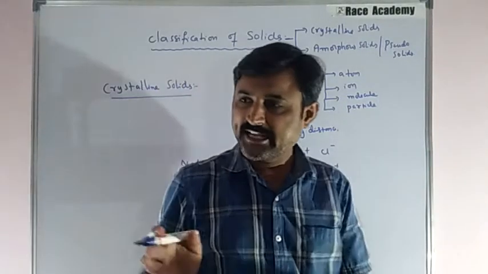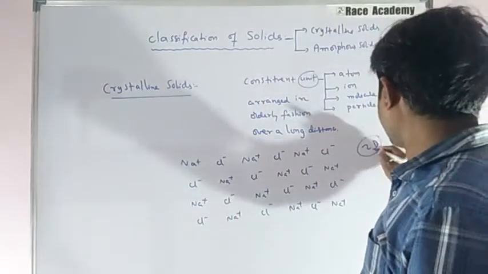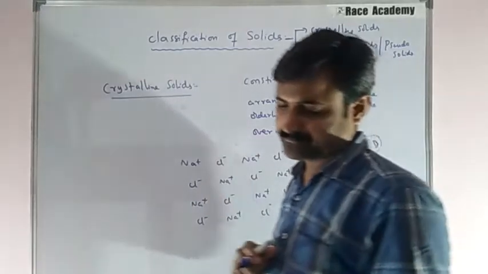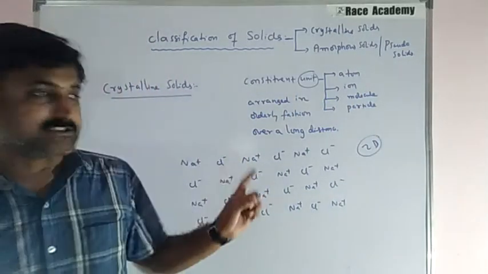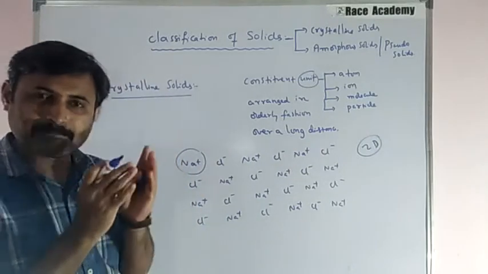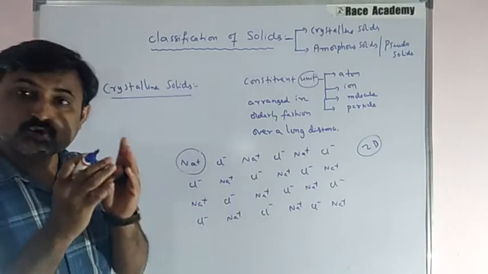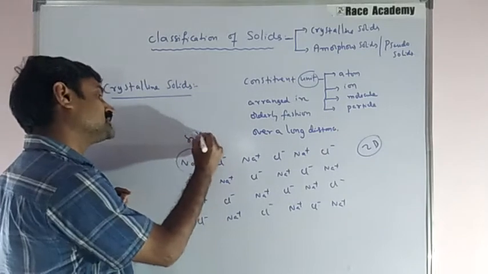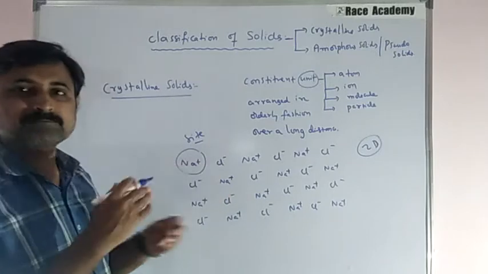If you see this, the arrangement shown here is a two-dimensional arrangement. The location of this Na plus is called the site. This is the Na plus site, and this is the Cl minus site.